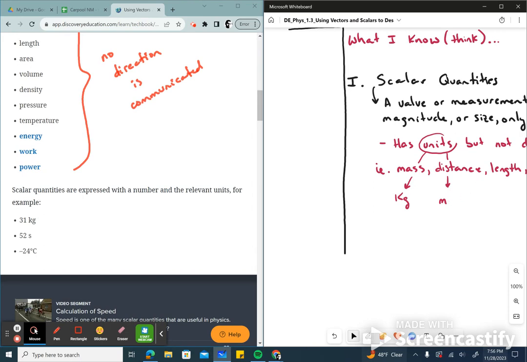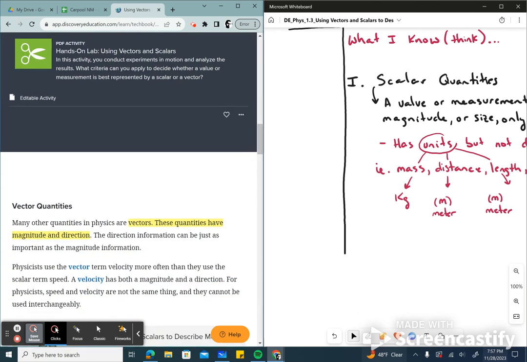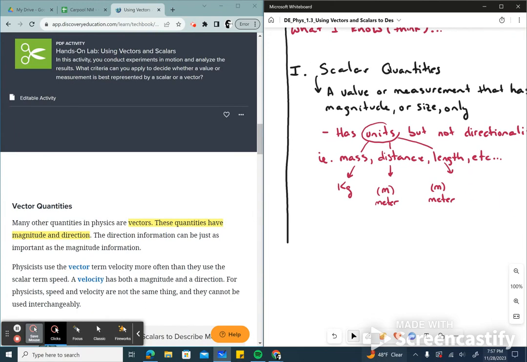And if we were talking length, we could also be talking meters. Those are just to give you an example. Make sure you watch that calculation of speed video. And now let's move on to vector quantities. That was pretty easy.